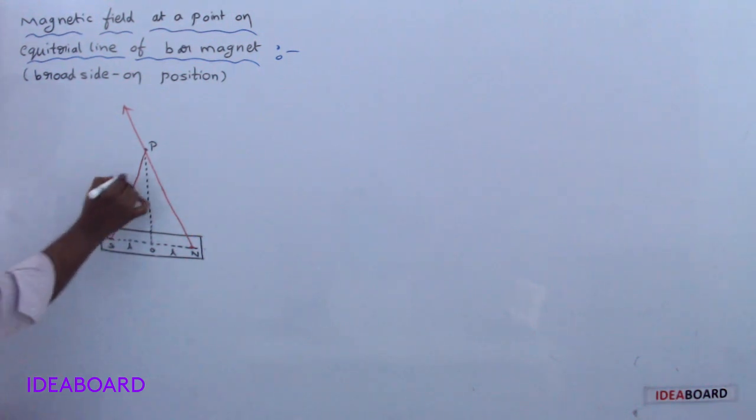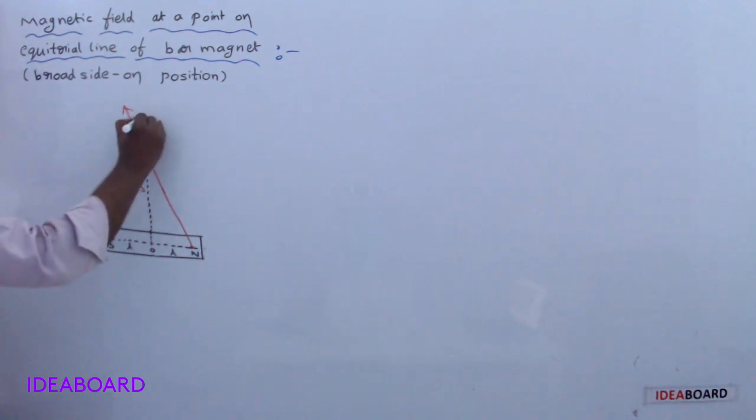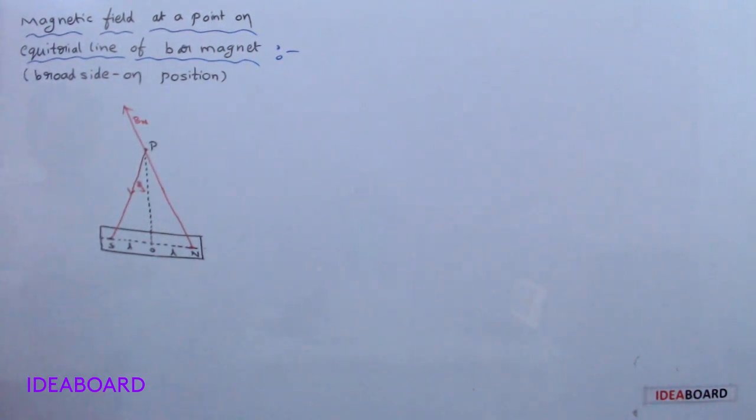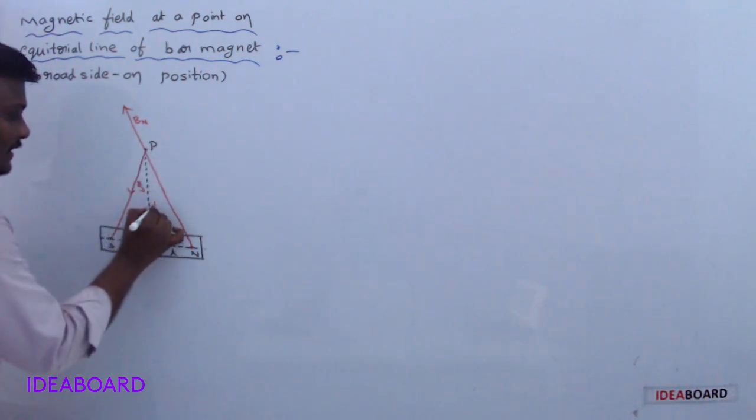So this is BS and this is BN. Understand? So the point P is located at a distance called d.